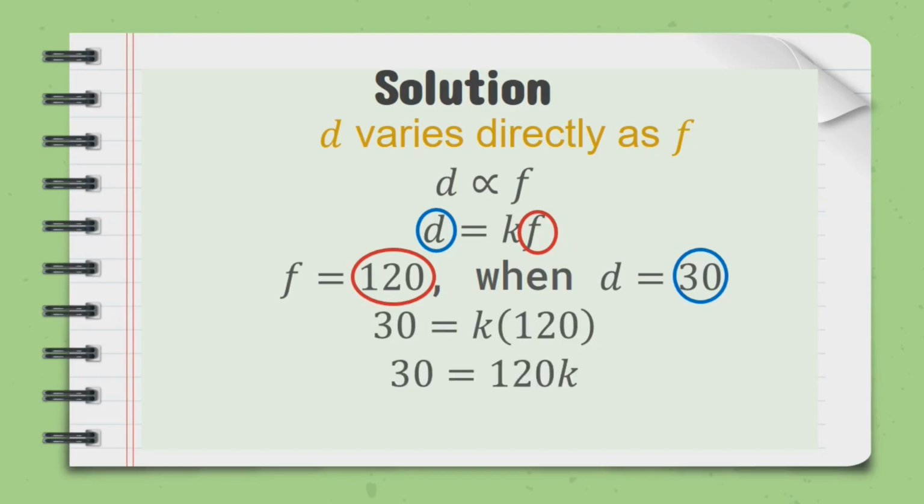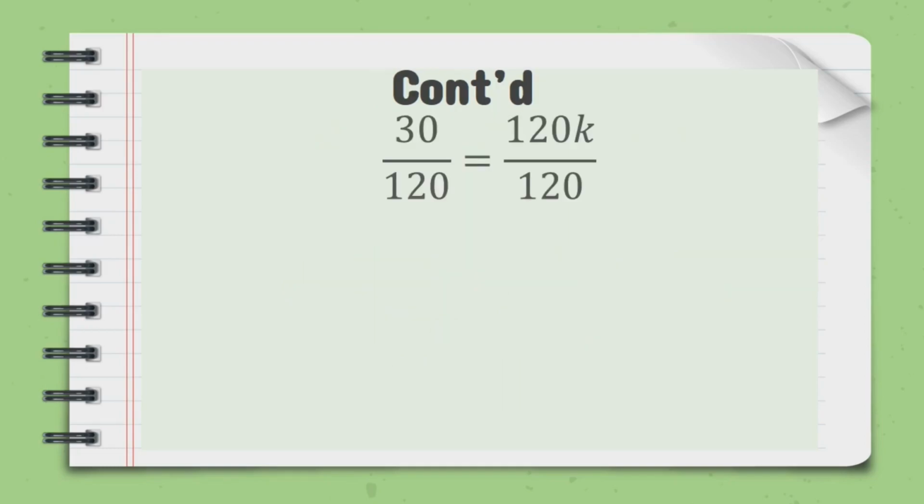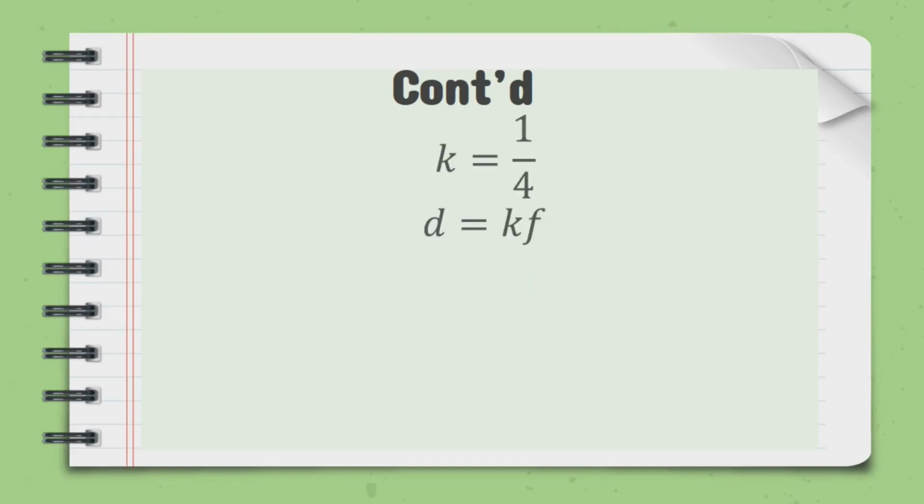And to simplify this, we have 30 equals 120 multiplied by k. In the same way, dividing both sides by 120 will produce our constant of variation to be 1 out of 4. Knowing our constant of variation, we can now determine the relation connecting d and f. That is the law of variation. The law of variation for this question becomes d equals 1 out of 4 multiplied by f.